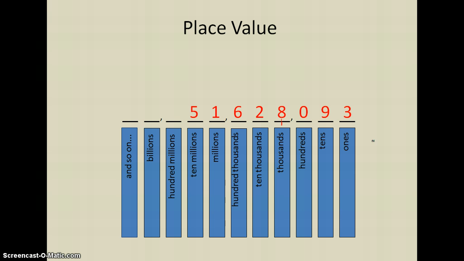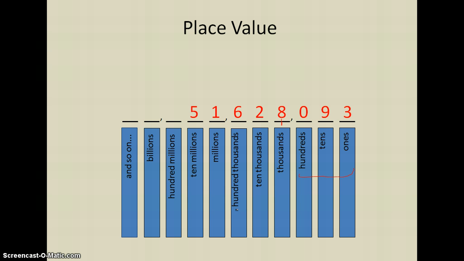You can use a place value chart like this to figure out the value of a digit in a number. You can also memorize the place value chart, and it's pretty easy to do if you notice a couple of patterns. One is that we have a repeating pattern of ones, tens, and hundreds that occurs in groups of 3s, and that happens in the last 3 digits of big numbers.